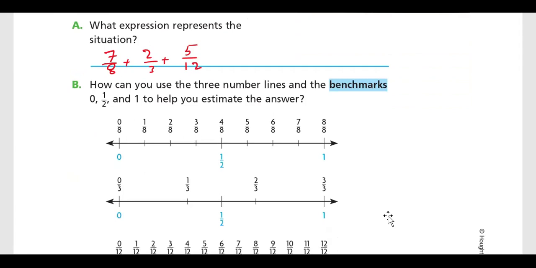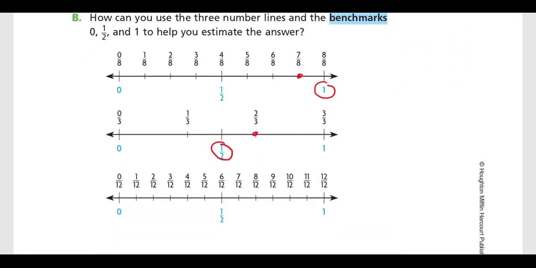Now we need to estimate these numbers. 7 over 8 is close to 1. 2 over 3 is close to half. And 5 over 12 is also close to half.